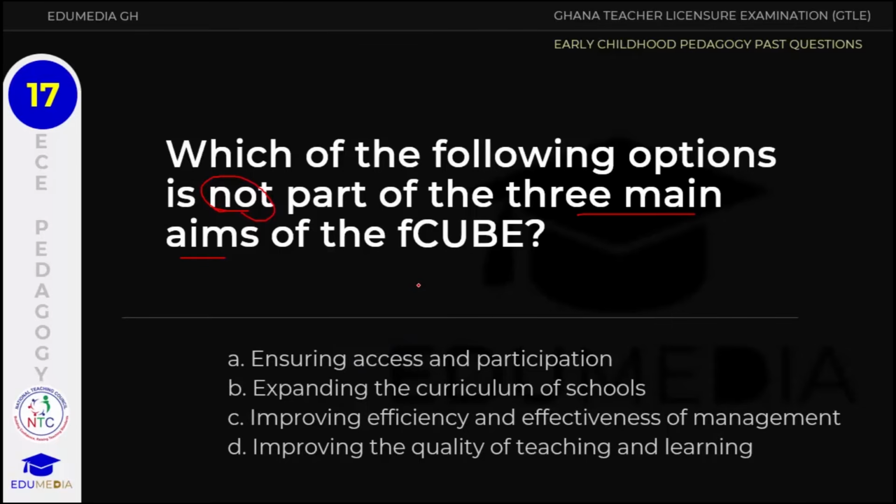Now, the option that is not part of the 3 main aims of the FQ is expanding the curriculum of schools. So this is the answer here. So the aims of FQ: we have ensuring access and participation. We also have improving efficiency and effectiveness, and quality teaching and learning.